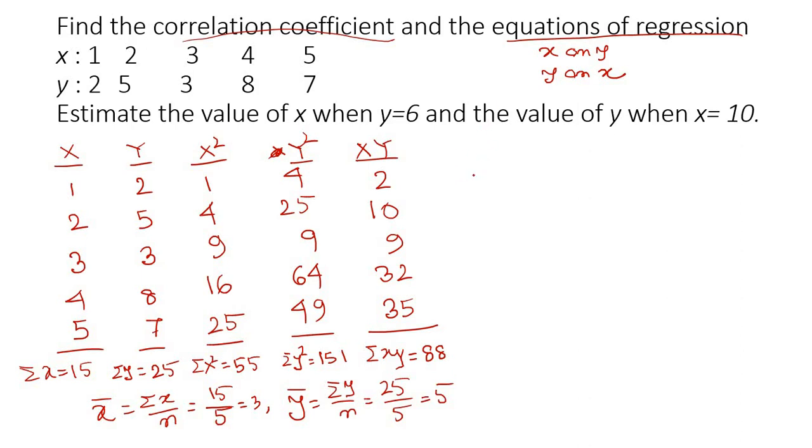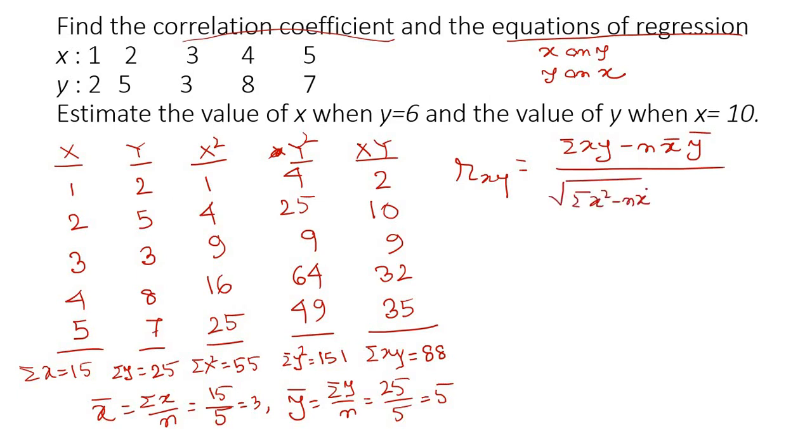Simple. And now, first you need to calculate the correlation. So Rxy is summation xy minus n x bar y bar, divided by the under root of summation x square minus n x bar square, times summation y square minus n y bar square. Now just replace all these values.